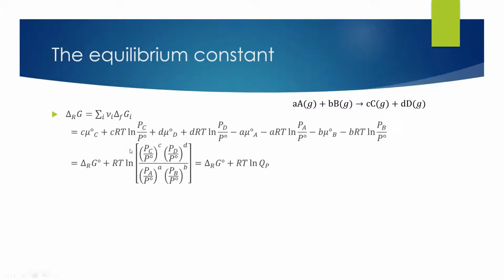On the other hand, if we have much more products than reactants, our Q will be a large positive number, which will make this natural log a positive number. And that can counteract even a very negative delta G naught of reaction, which will make a reaction stop at some point. So we can see that we're not necessarily always going towards products or never going towards products. It's a complicated relationship based on the actual components in the gas phase here.